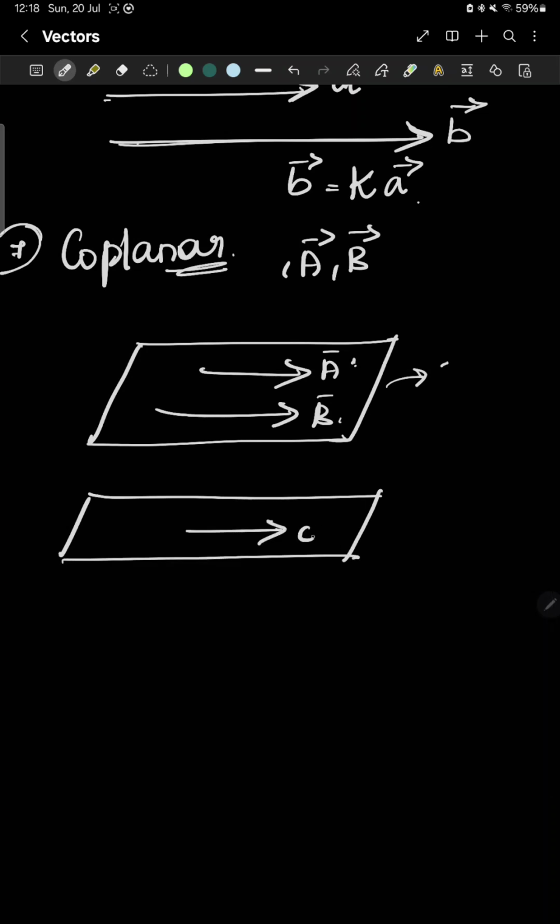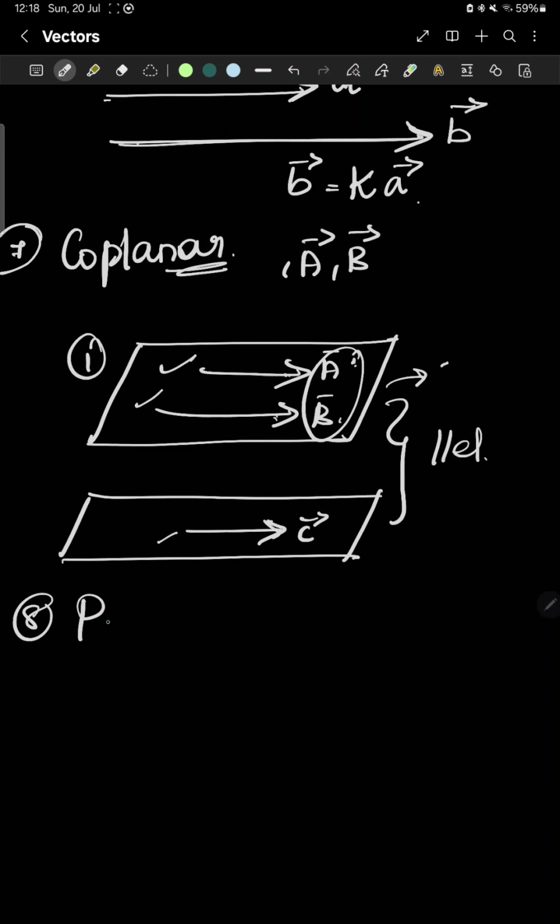Consider here we have c vector. If these two planes are parallel, we can say a, b and c are coplanar vectors. Either the vectors have to be in the same plane, or the vector should be in a plane which is parallel to the first plane. Those are known as coplanar vectors.